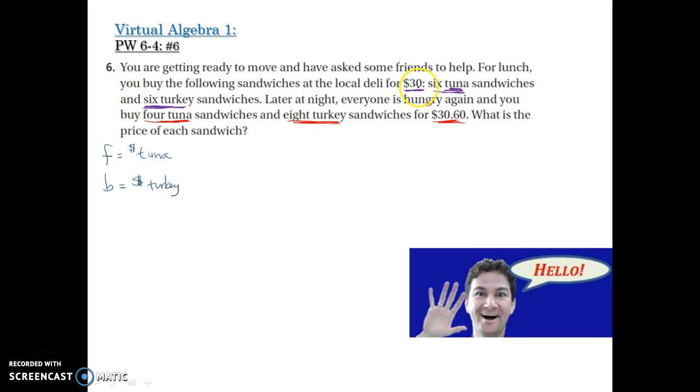So for lunch, you had 6 tuna sandwiches, so that's 6 fishies, plus you got 6 turkey sandwiches, 6 birdies, and the total price was $30.